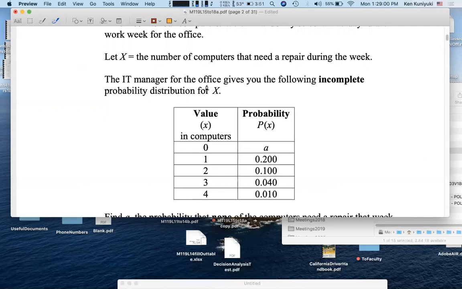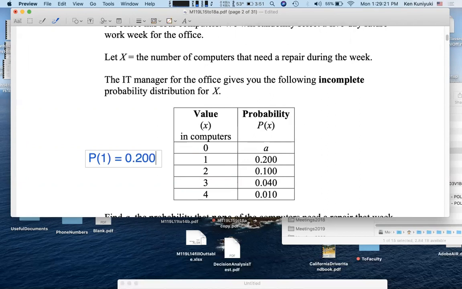The IT manager for the office gives you the following incomplete probability distribution for X. So the IT manager is basically saying here that the probability of one computer being broken in that week is 20% or 0.2. So P of 1 here, that's the shorthand, P of 1 is 0.200 or 20%.